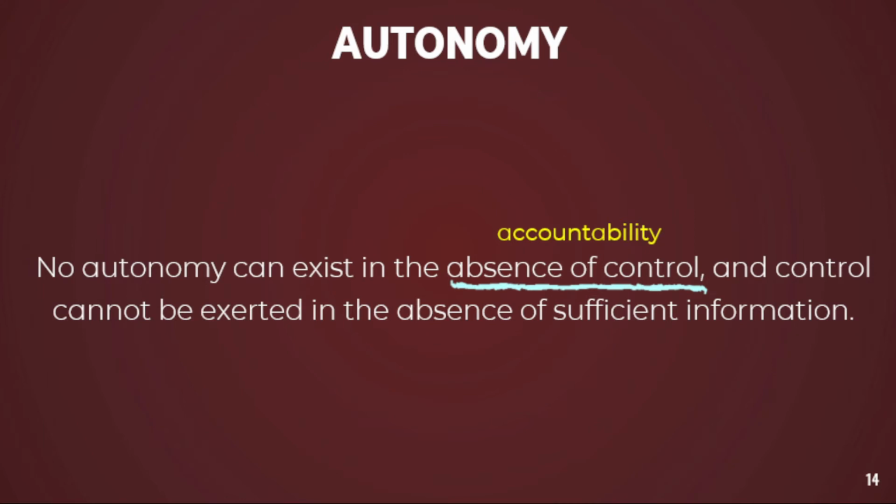Then there's also what we call, control cannot be exerted in the absence of sufficient information. People should know, they should be participating in the implementation. Okay? So there's accountability and there's participation. The example again is this.